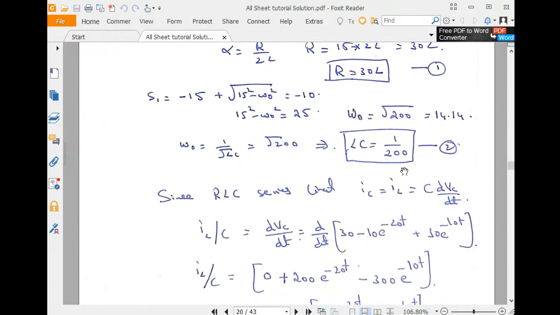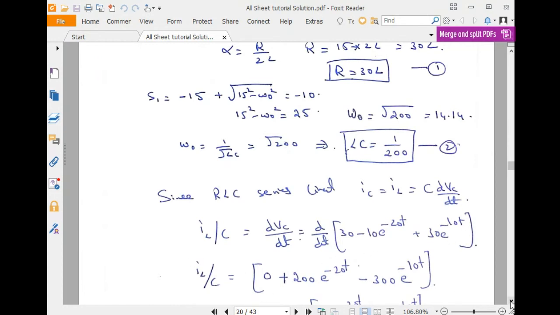Since RLC is a series circuit, IC equals IL equals C dVc by dt. In series, the current through the capacitor and the current through the inductor will be the same. This is the equation for capacitance. Now substitute VC here and integrate.